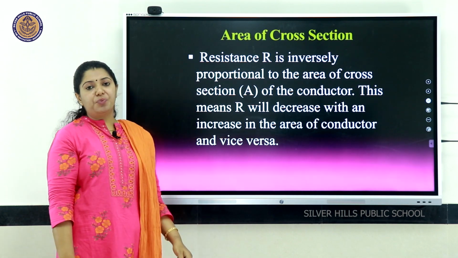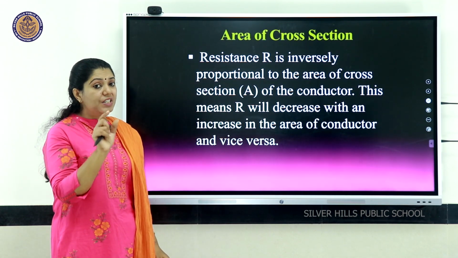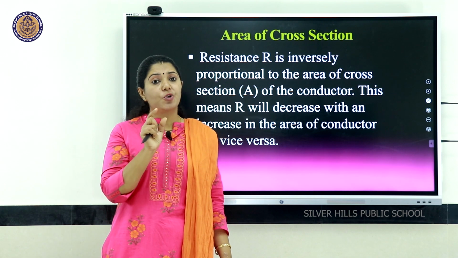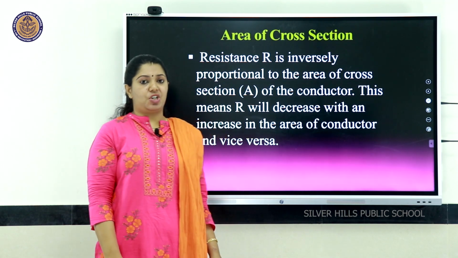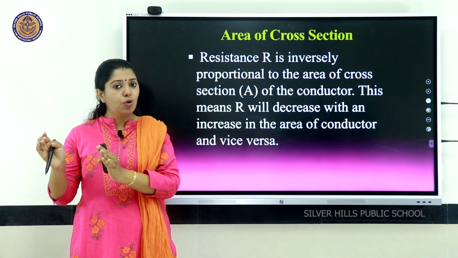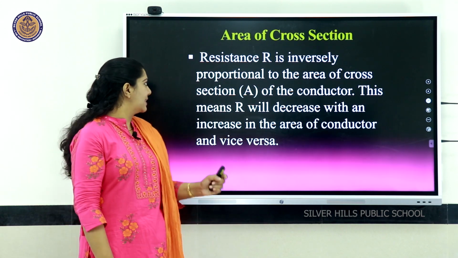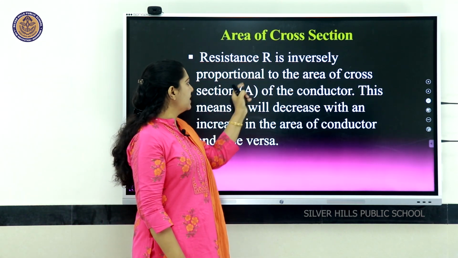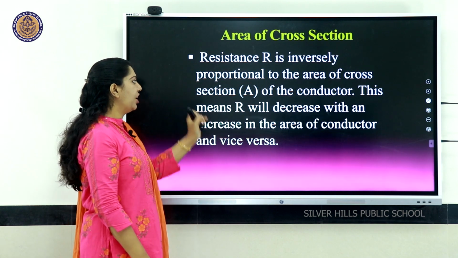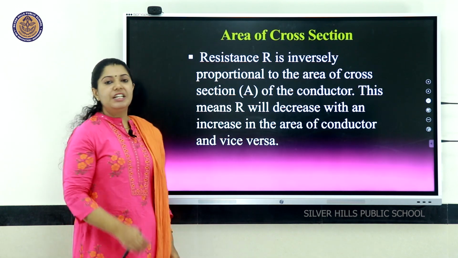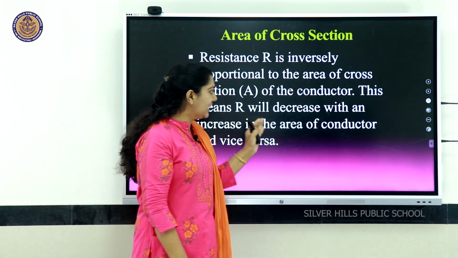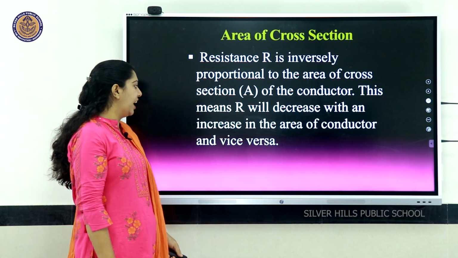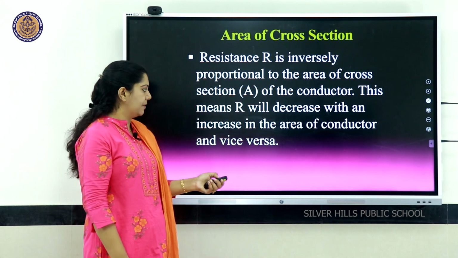Next one, area of cross section. The resistance is inversely proportional to area of cross section. If area is more, resistance will be less. The resistance R is inversely proportional to the area of cross section of the conductor. This means that R will decrease with an increasing area of conductor and vice versa.